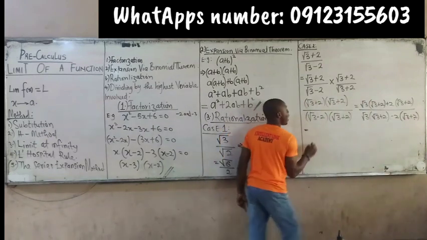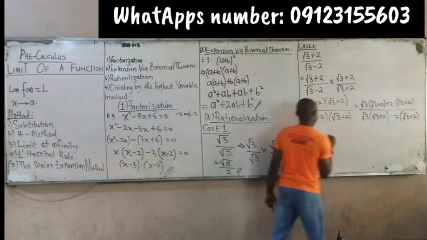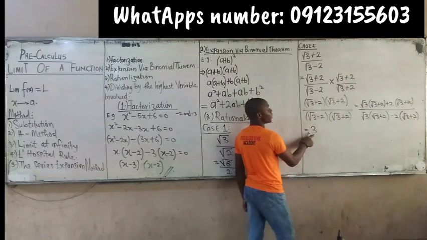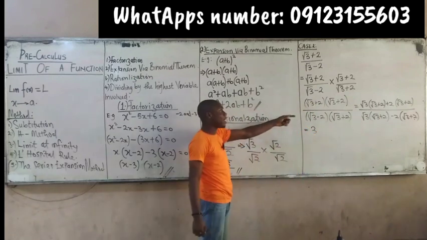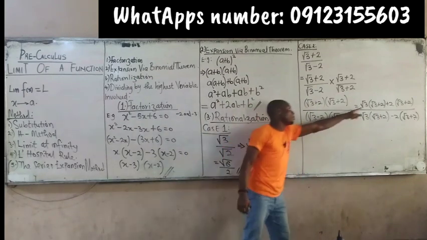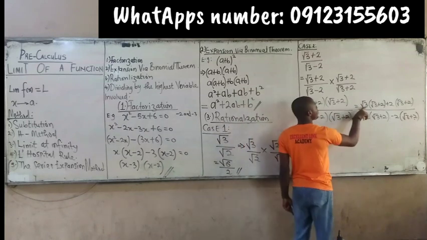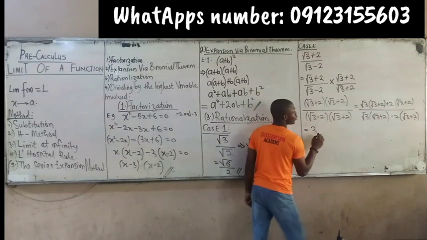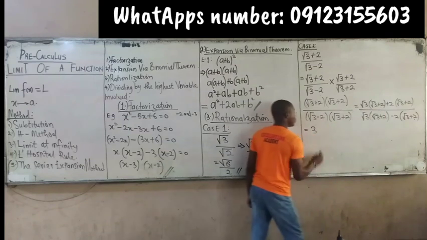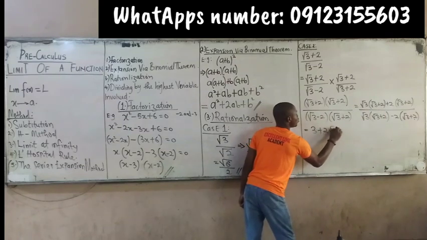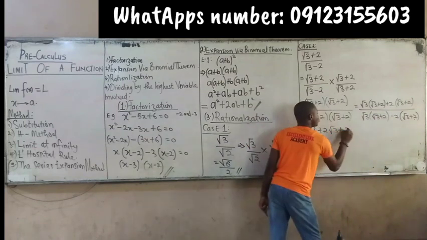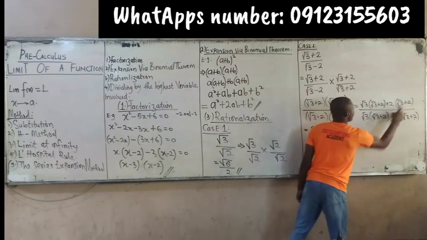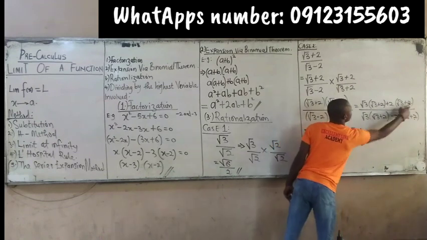Root 3 times root 3 becomes what then? 3. We discussed that when two roots of the same number are multiplied, the answer is that number, 3. Root 3 times positive 2 becomes plus 2 root 3. Next, 2 times root 3 gives 2 root 3. Plus times plus becomes plus, 2 times 2 becomes 4.